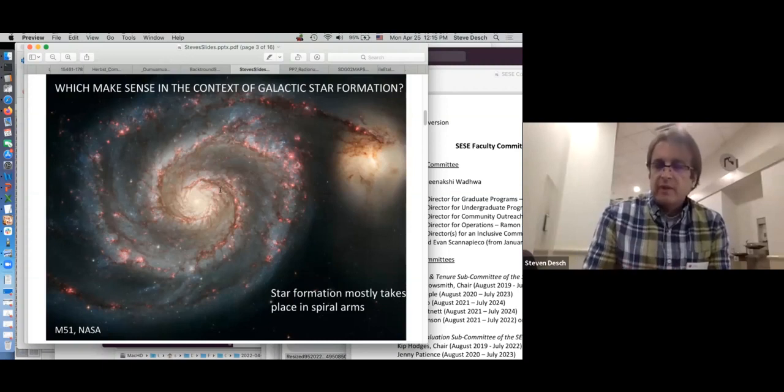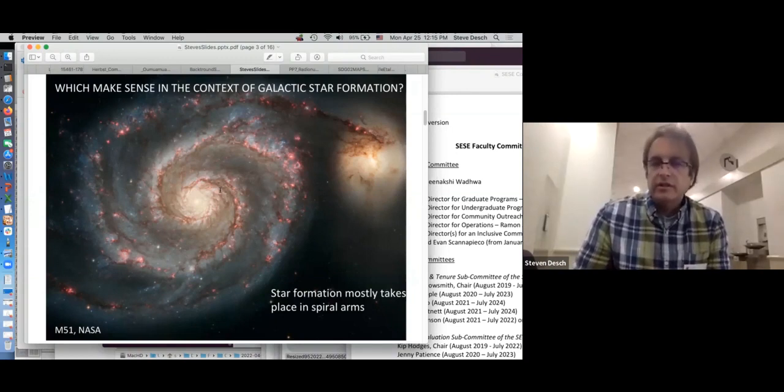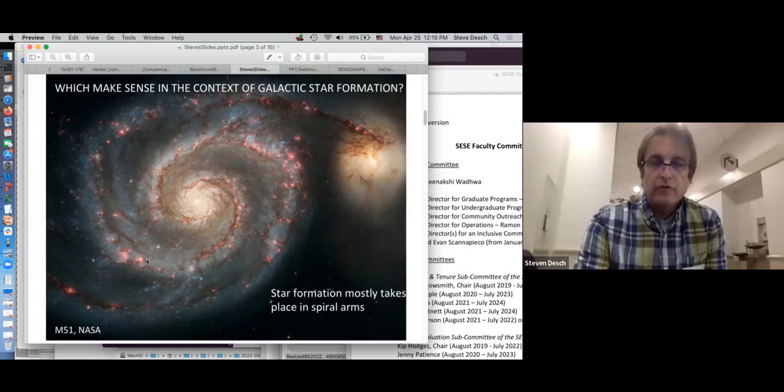Our Milky Way is a spiral galaxy, not unlike M51 shown here. And like all spiral galaxies, most of the star formation in the galaxy takes place in the spiral arms, these things here. And you can see that there's a lot of new star formation, a lot of bright luminous blue stars here. And that's where most of the stars are forming today.